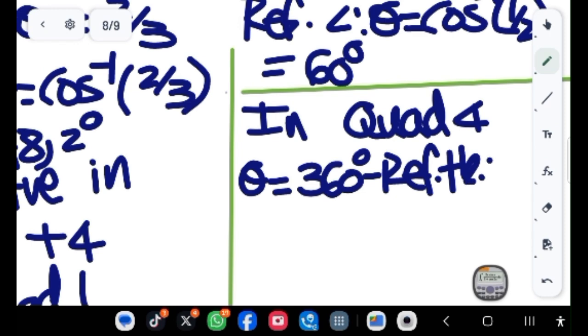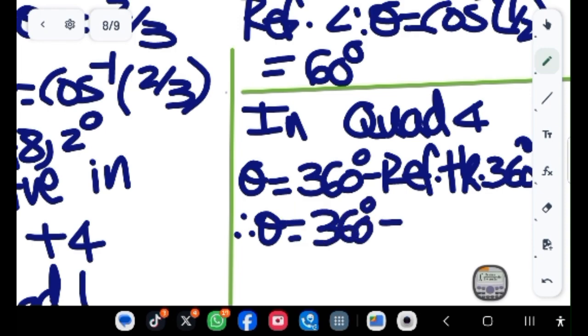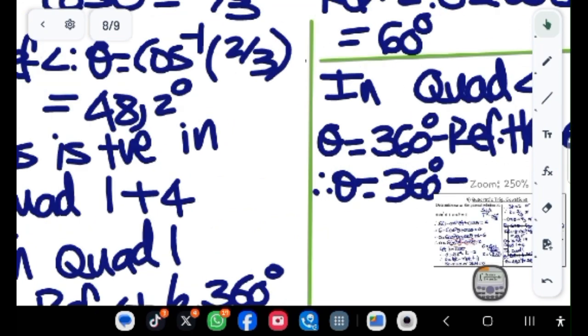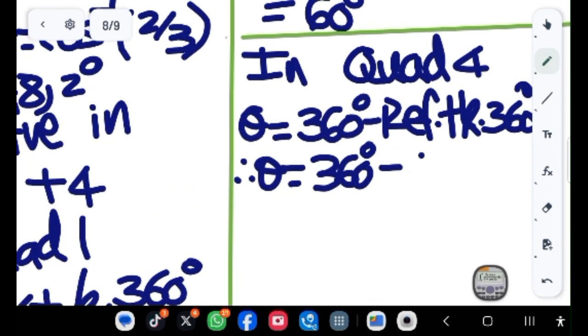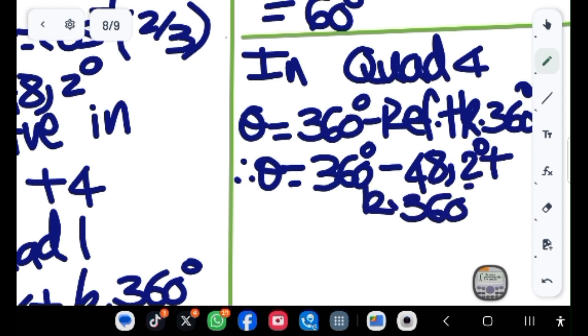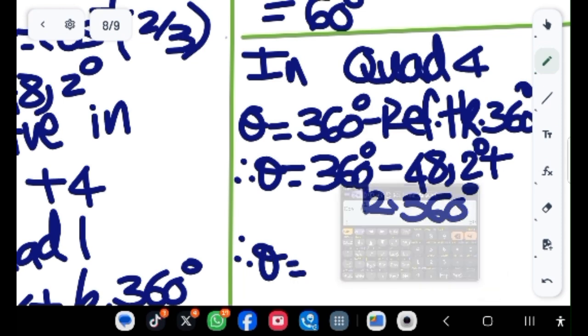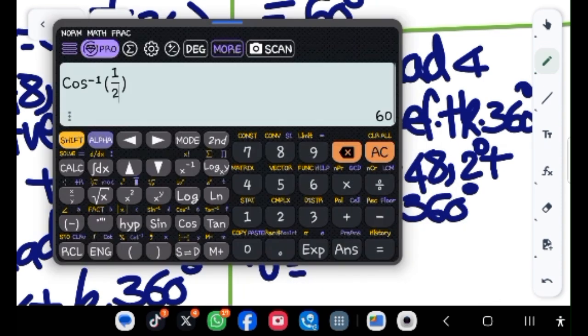Therefore, theta equals 360 minus 48.2 plus k times 360, where k is an element of integers.